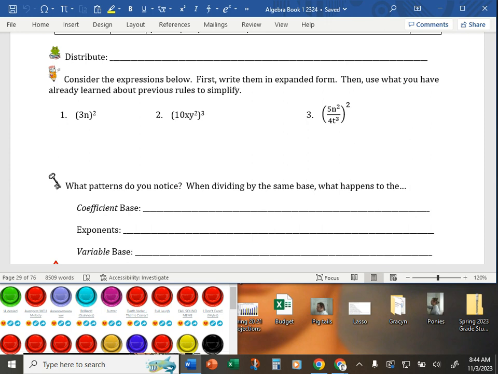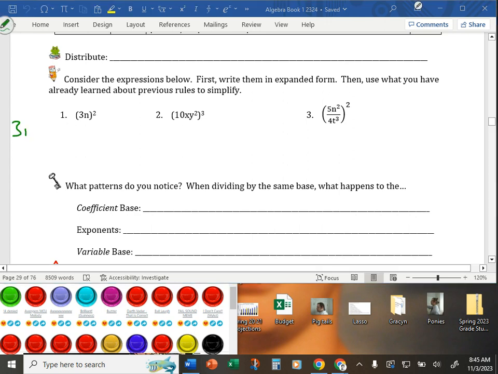Okay, so to recap, if you see a multiplication symbol, you are multiplying by the same base. If you see a fraction, you are dividing by the same base. If you see a 0 power, it's the 0 power rule. Negative power rule. And here, if you see parentheses, it's what's called a power to a power. This is where we use parentheses to expand the base. We've talked about this a number of times before.